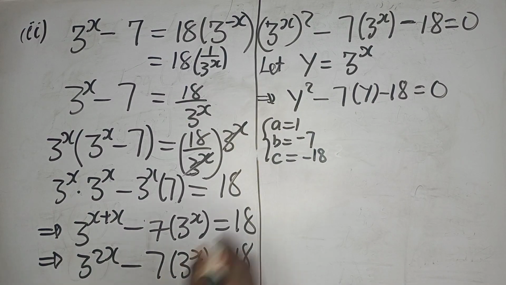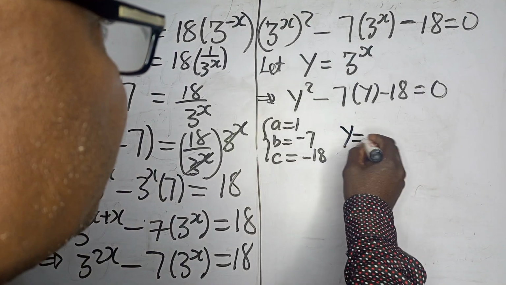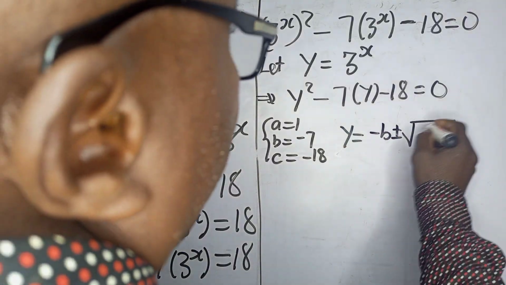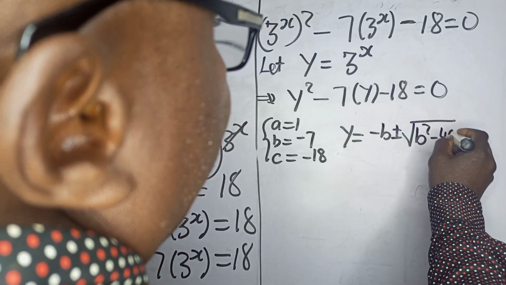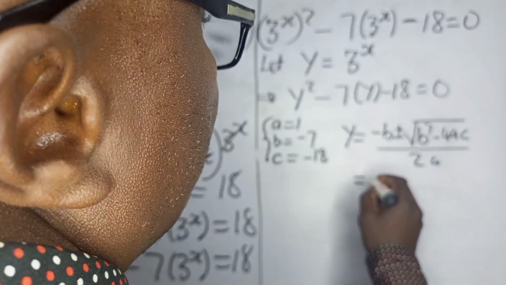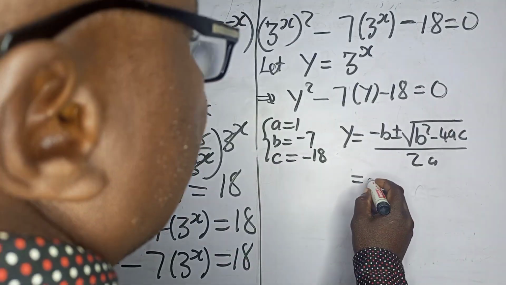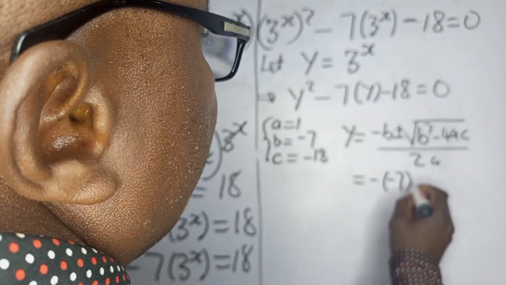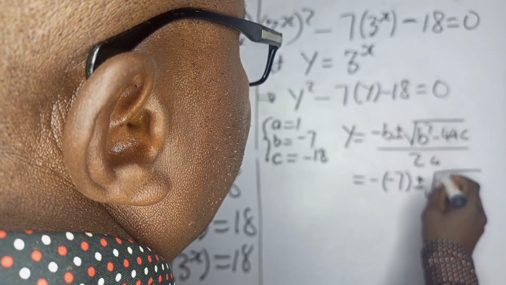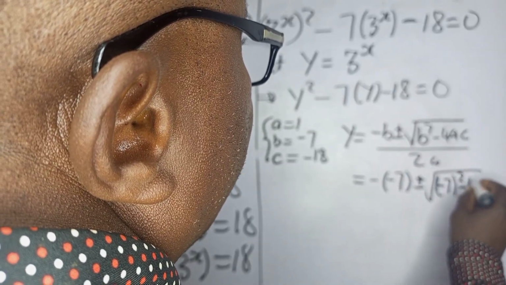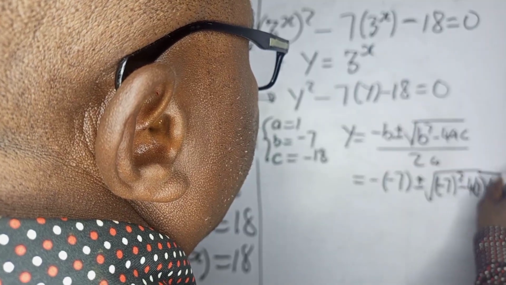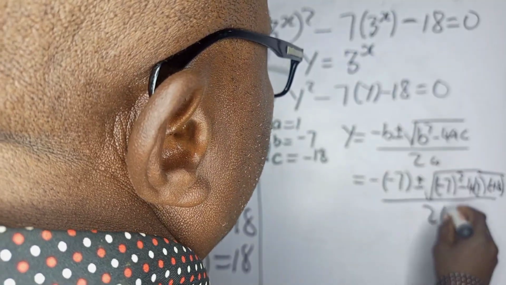We collect our coefficients. Our a is 1, our b is negative 7, our c is negative 18. Okay? So if we put that in our quadratic formula, which is now in terms of y, we'll have negative b plus minus the root of b squared minus 4ac, all of that divided by 2a. So we're going to have negative 7 plus minus the root of negative 7 squared minus 4ac, all of that divided by 2a.